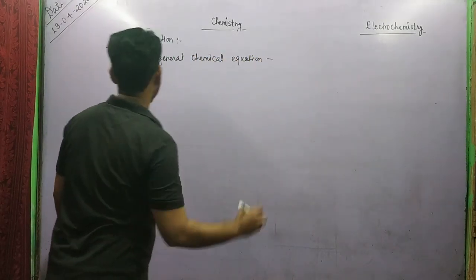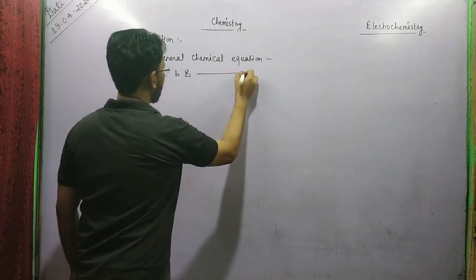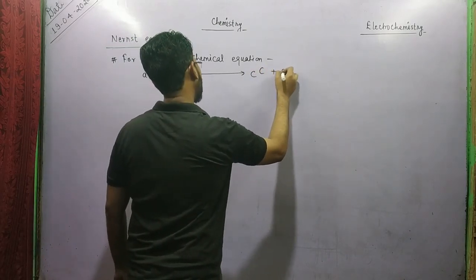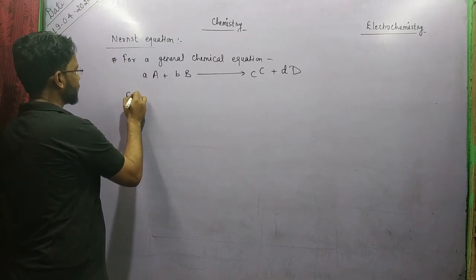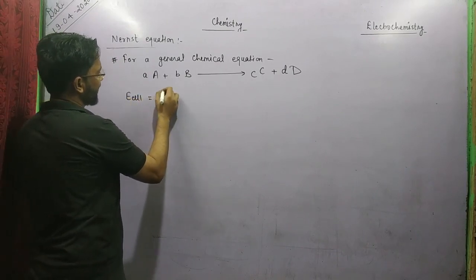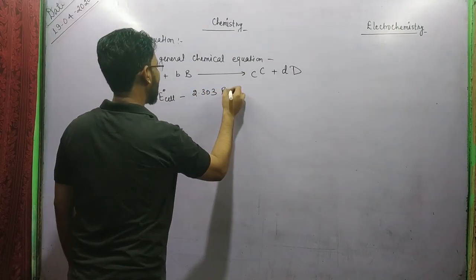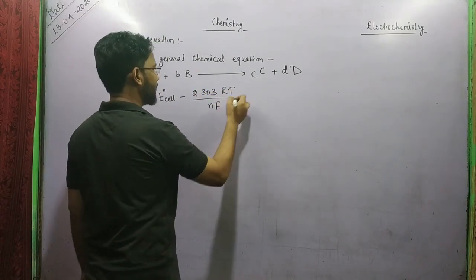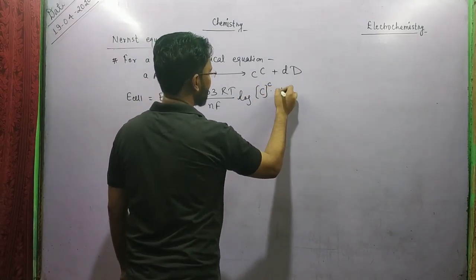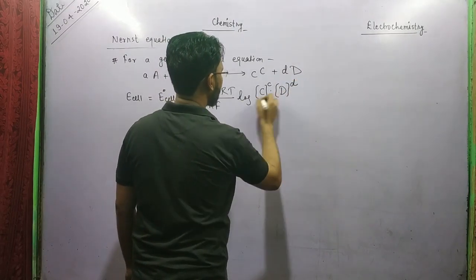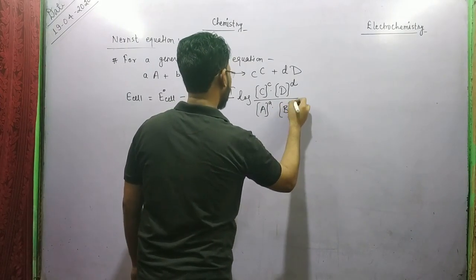Next, we apply the Nernst equation to a general chemical equation: aA plus bB gives cC plus dD. From the Nernst equation, E cell equals E naught cell minus 2.303 RT over NF log of the product concentrations C to the power c and D to the power d over A to the power a and B to the power b.